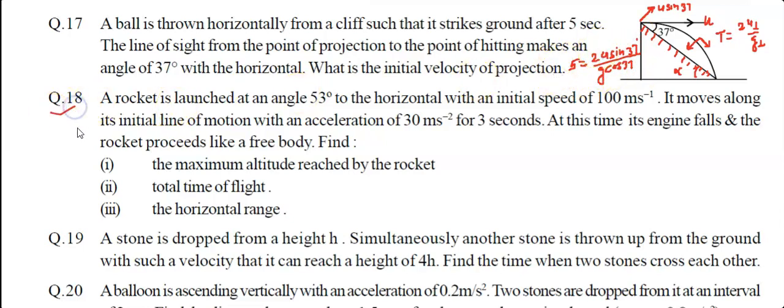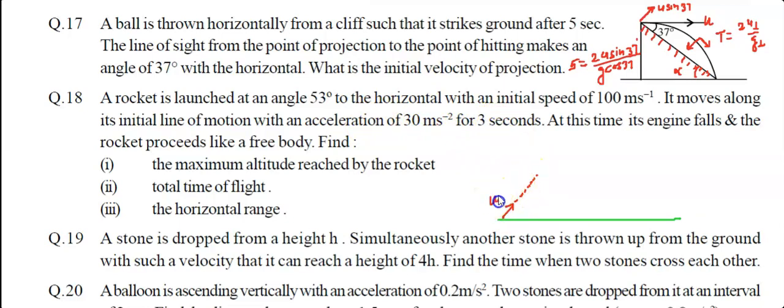Question number 18. It says a rocket is launched in a particular direction, so you can make a picture. Let me draw the picture, then you can solve this on your own. So let's say you are throwing a rocket from here. It got acceleration, so it's moving in a straight line up to 3 seconds. So for the first 3 seconds you consider this a straight line motion.